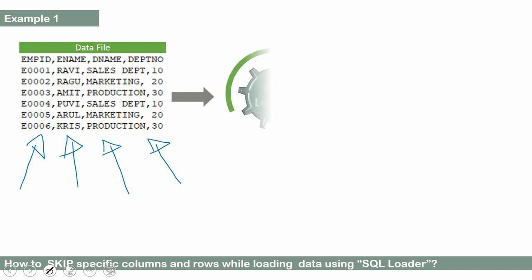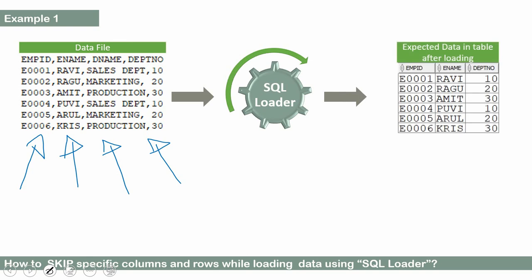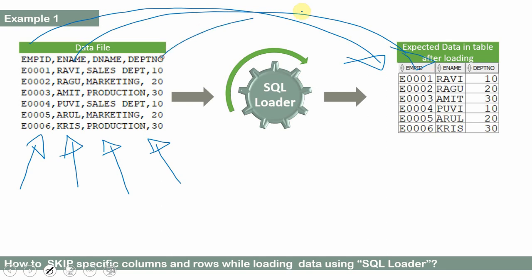We are going to use SQL Loader to load only 3 pieces of information: employee ID, employee name, and department number. So we are going to skip the department name itself.